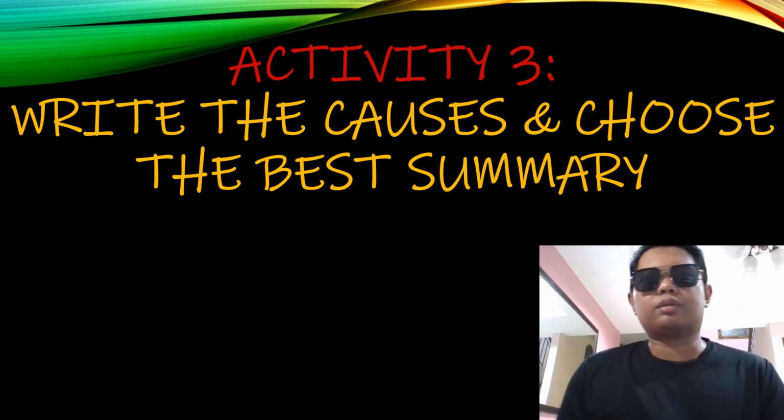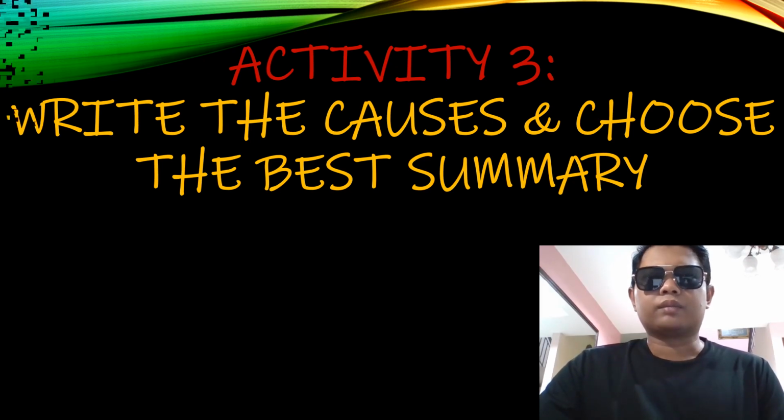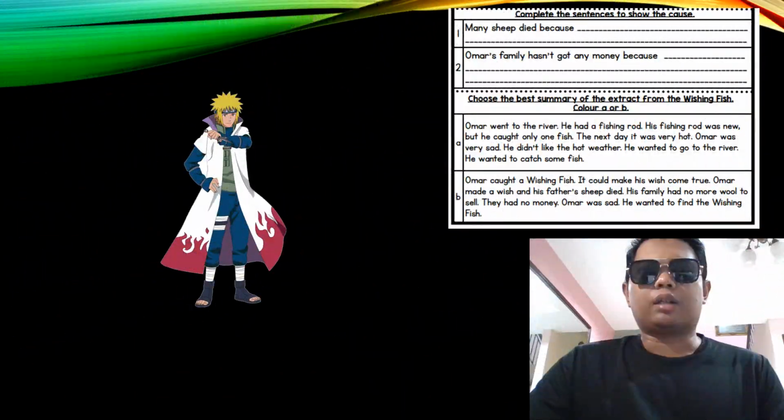Now moving to activity 3. Here you are going to write the causes and also choose the best summary. This is the last worksheet that I have given to you. There are 2 exercises too.